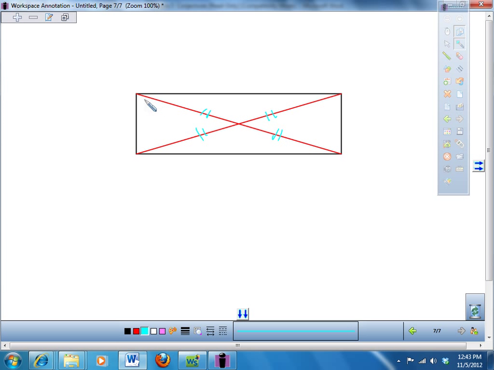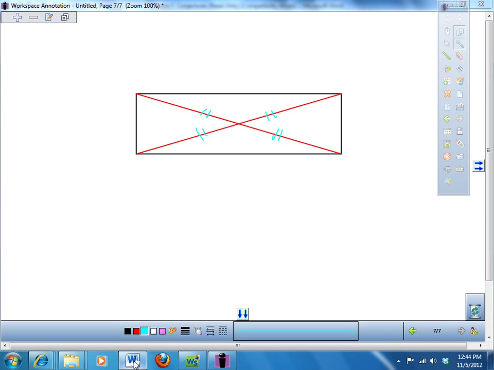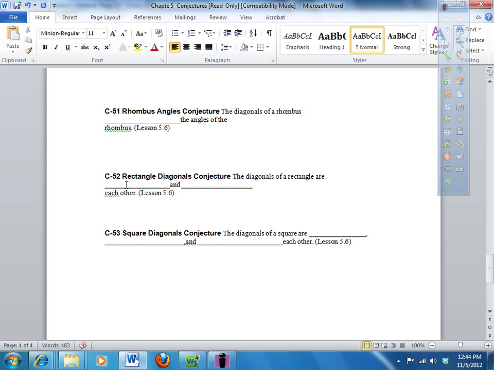So they create four triangles, but what about the length of this versus the length of that? They're the same, okay? So those are the two words that should go in that conjecture. But they do not bisect the angles, right? So going back here, rectangle diagonals: the diagonals of a rectangle are congruent, not equal.